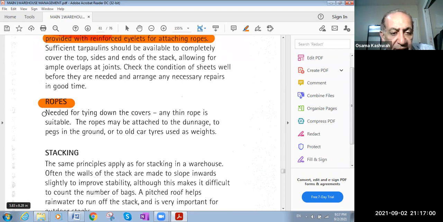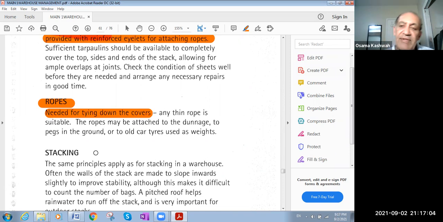Ropes are needed for tying the covers, because we cannot leave the covers like this without tying them. They should be tied up, because if you leave the covers without tying, they will blow up by the wind. The wind will push them out of their place. And thin rope is suitable also.